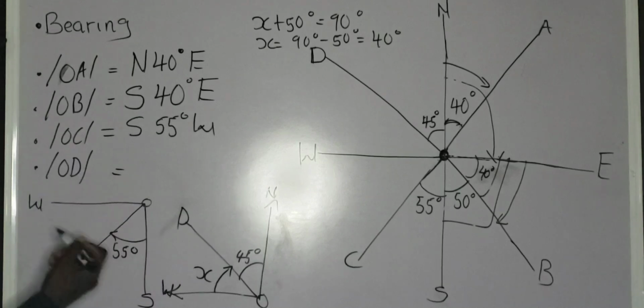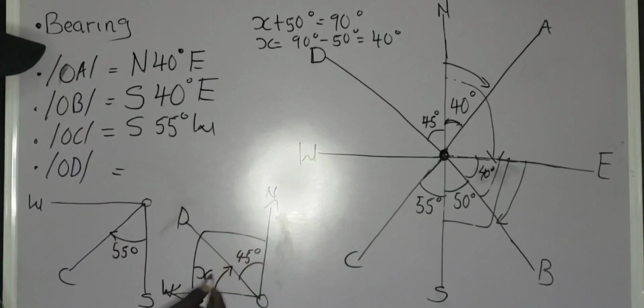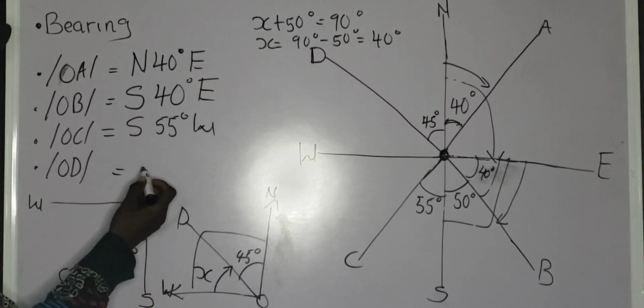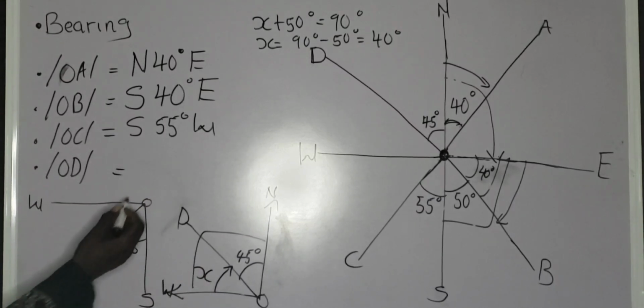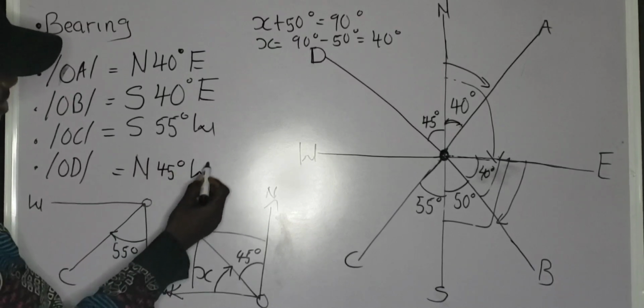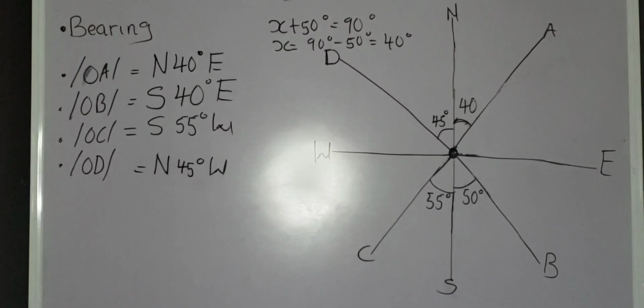Now this angle is x. In order to get the value of x, don't forget that the sum of this angle is 90 degree. So x is 90 degree minus 45 degree, that is 45 degree. So the angle here is north 45 degree west, northwest. Yes, we have determined the bearing of this.